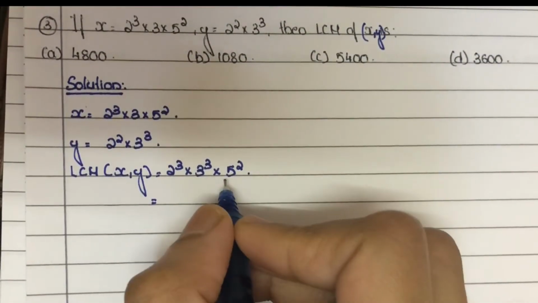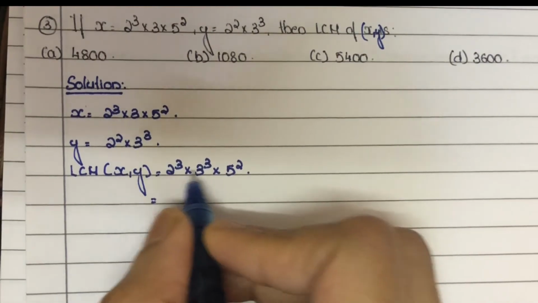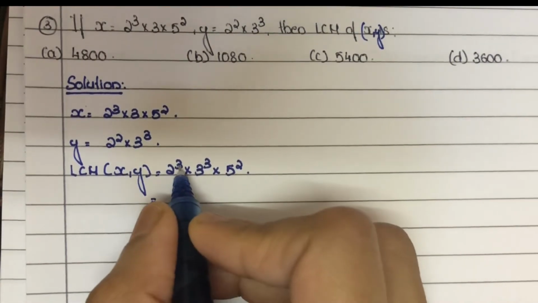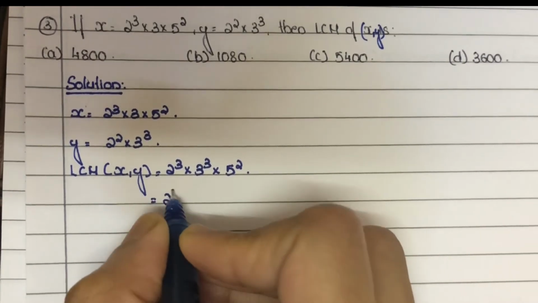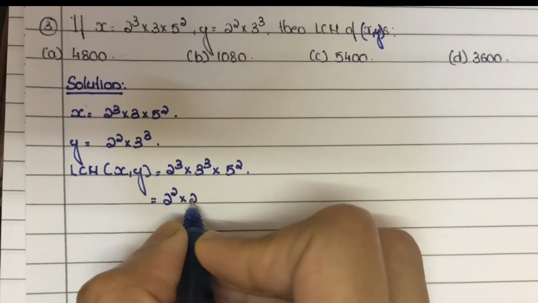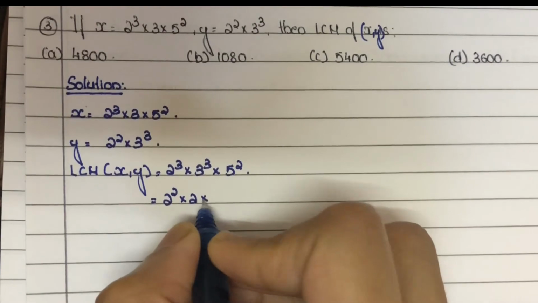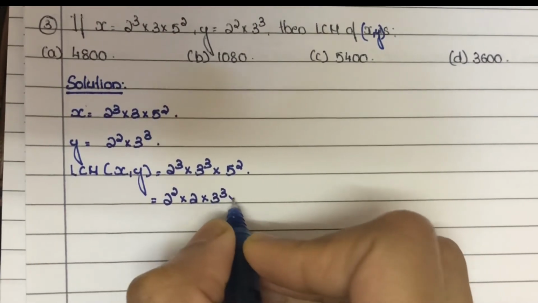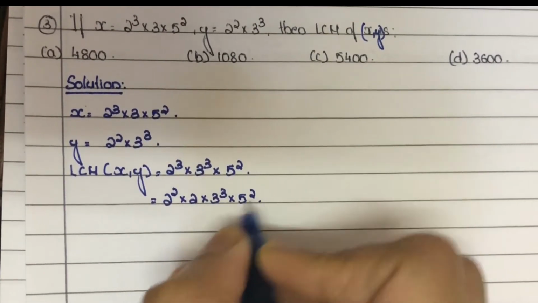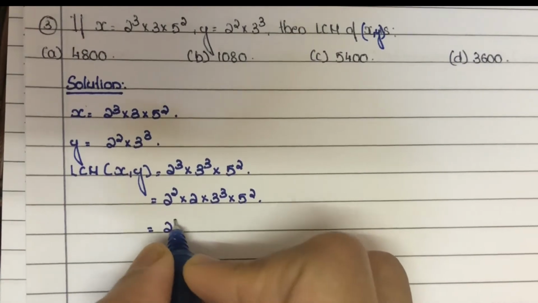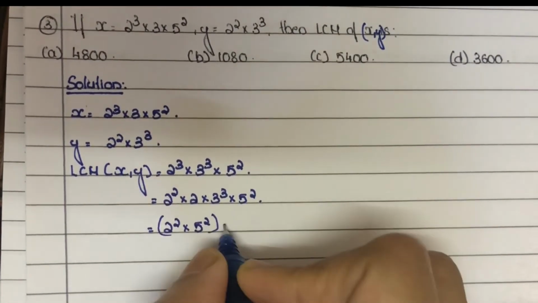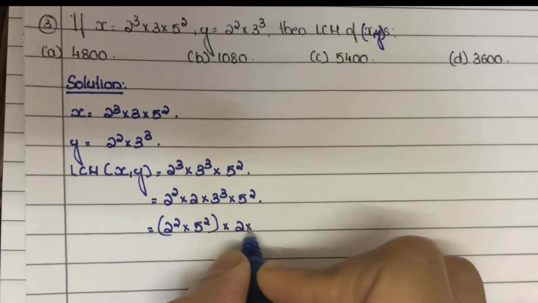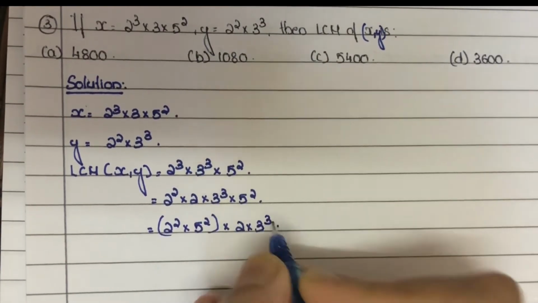Now multiply it. Okay. We know that 2 5s are 10. Here 2 raised to 3 and 5 raised to 2. 2 raised to 3 we can write as 2 raised to 2 into 2, into 3 raised to 3 into 5 raised to 2. That is equal to 2 raised to 2 into 5 raised to 2 into 2 into 3 raised to 3.